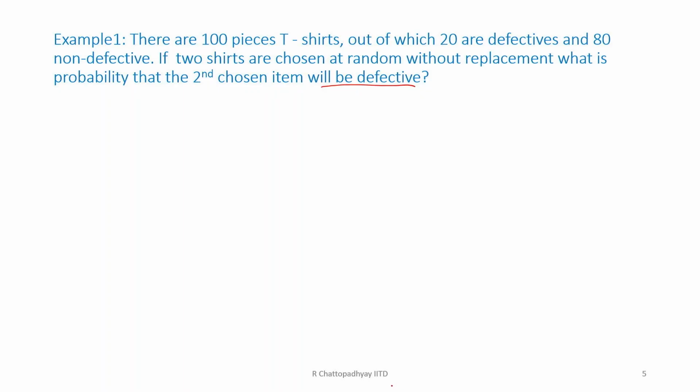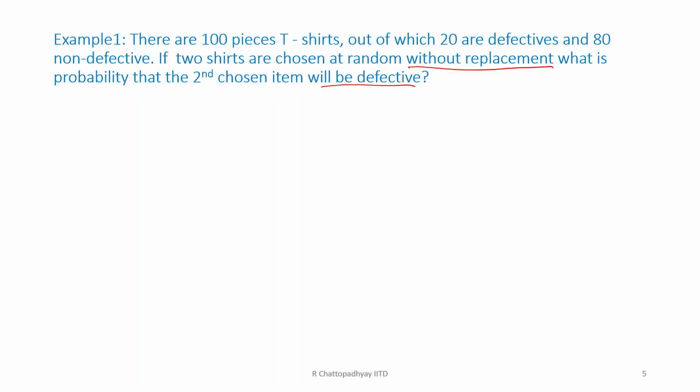I am choosing two shirts, and we need to find the probability that the second chosen item is defective. One more important statement here is without replacement. That is, the first item which is chosen, we do not put it back. It is separated from the lot.